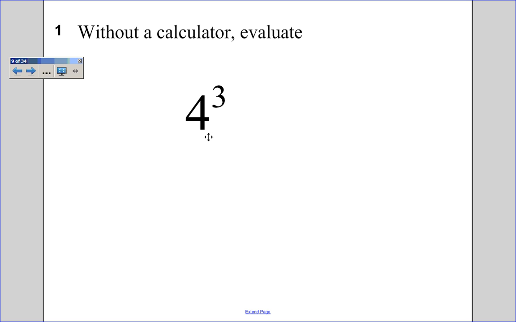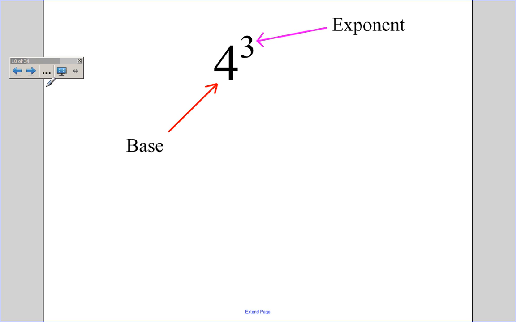Evaluate without a calculator. 4 to the 3rd, that's going to be 64. 4 times 4 times 4. That 4 we call the base.